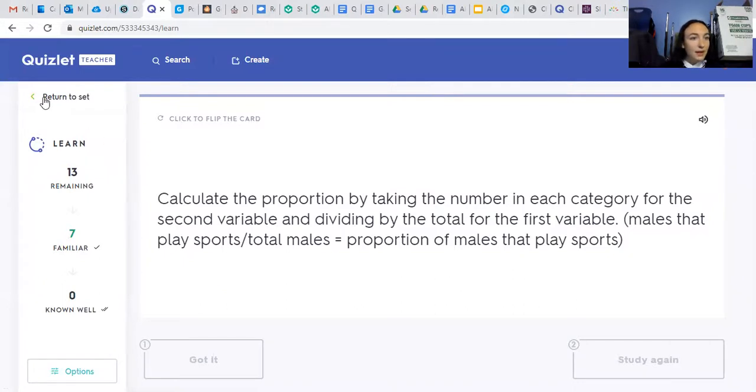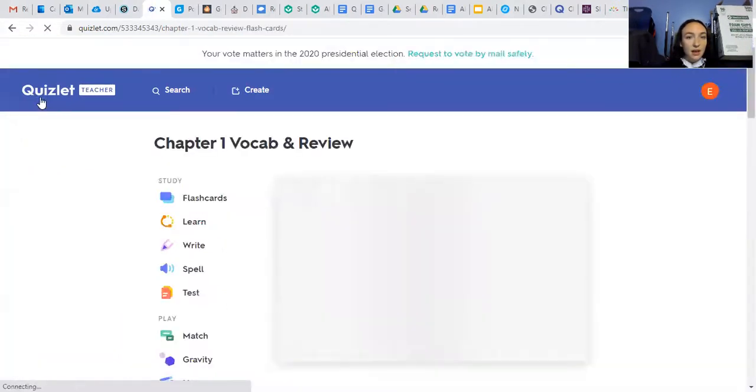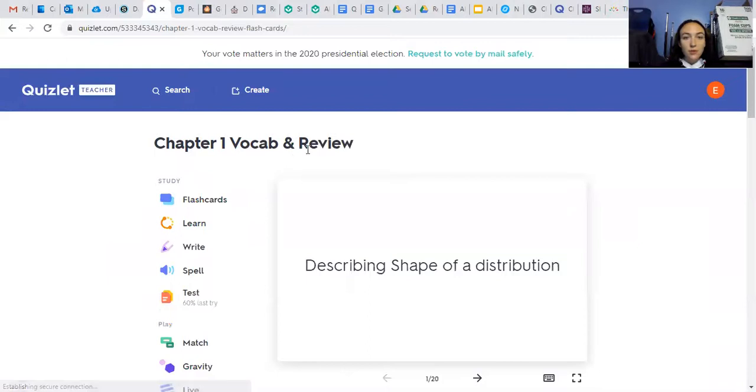And you'll know you're in the right place if you see a set that says Chapter 1, Vocab and Review. You can use the flashcards and Learn tabs to quiz yourself on the information and then test yourself to get a score for today. And whatever score you get will be the points that I give you.